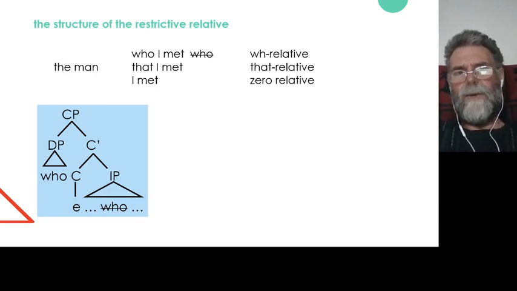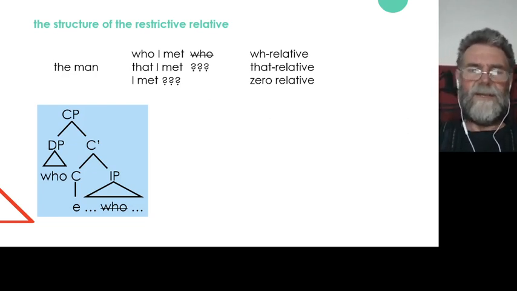But clearly we can't apply that analysis straightforwardly to the other kinds of restrictive relatives, the that relative and the zero relative, because, well, they don't appear to have WH phrases in them. However, note, they do have something that the WH relative clause also has, and that is a missing element inside the inflection phrase.